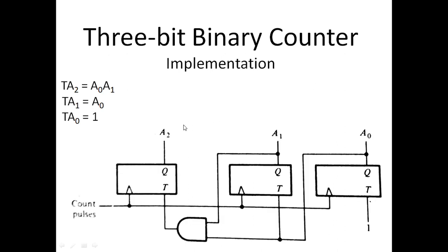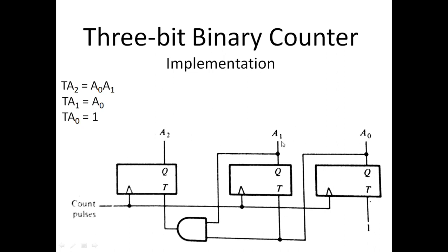Here is the implementation. This is a sequential circuit. This is T flip-flop 0. This is flip-flop 1. This is flip-flop 2. The Q output of flip-flop 0 is A0. The Q output of flip-flop 1 is A1. And the Q output of flip-flop 2 is A2.